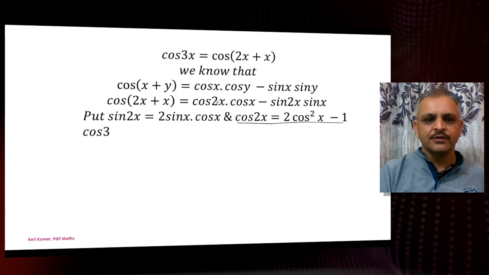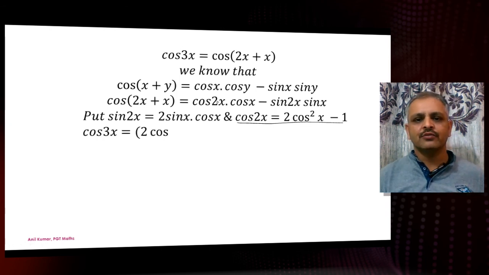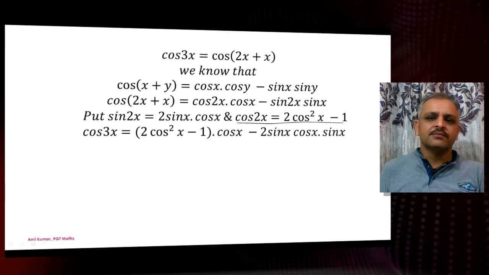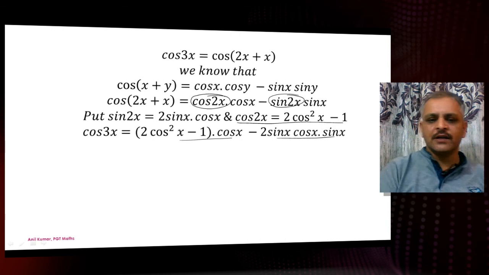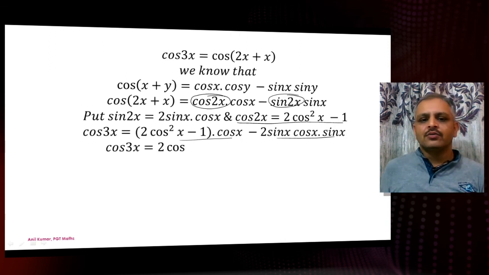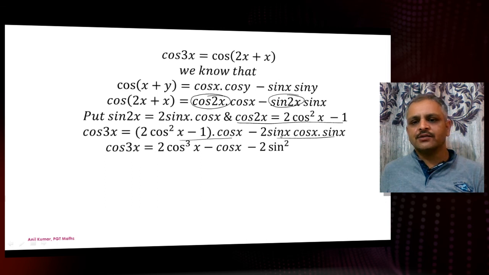So let's put it. So cos 3x will become 2 cos square x minus 1 into cos x minus 2 sin x cos x into sin x. So what I did here, I put the values of cos 2x and sin 2x. And if we simplify these two, I'll get 2 cos cube x, 1 into cos x, minus 2 sin x into sin x will become sin square x into cos x.